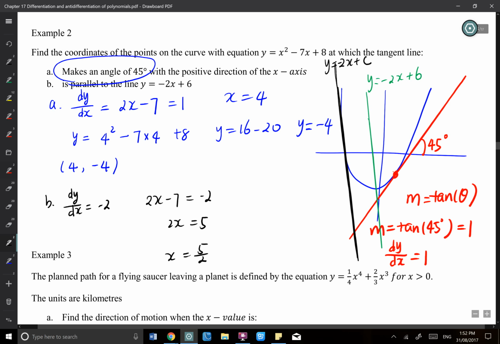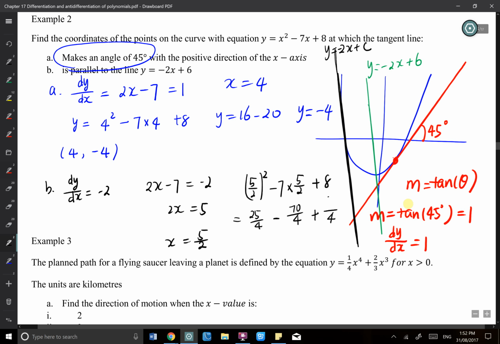So 5 over 2 squared minus 7 times 5 over 2 plus 8. 25 over 4 minus 35, 70 over 4, plus 32 over 4, which gives minus 30 over 4. Yep.